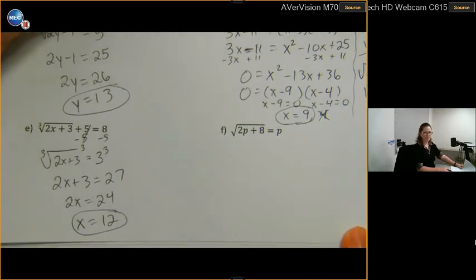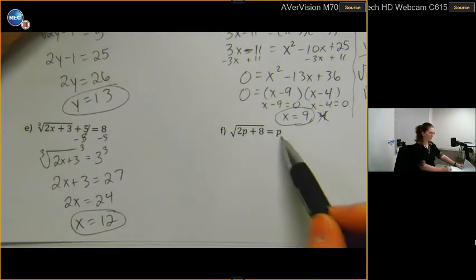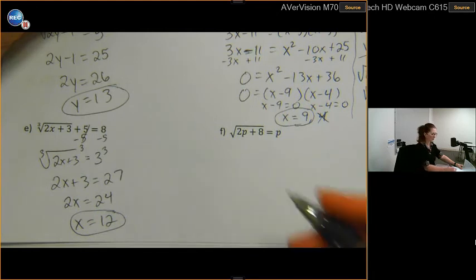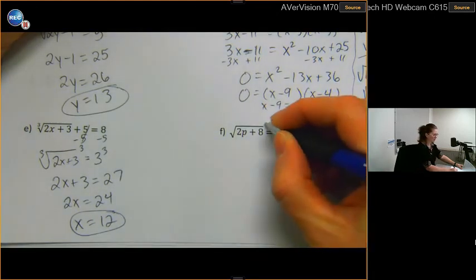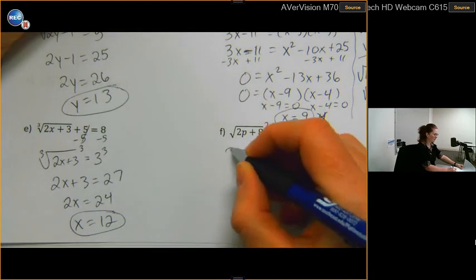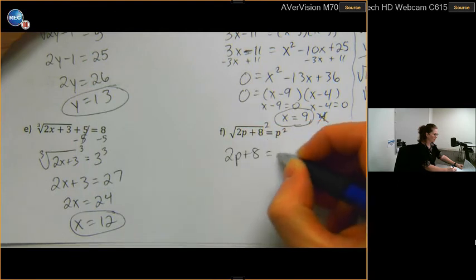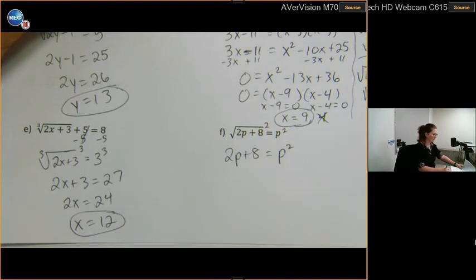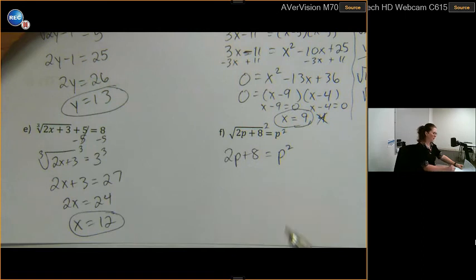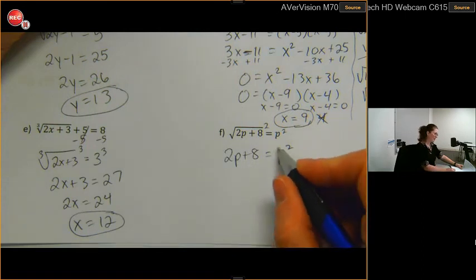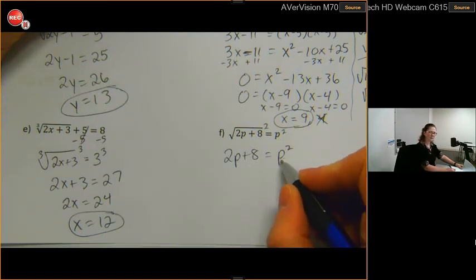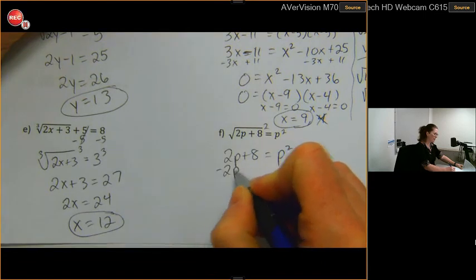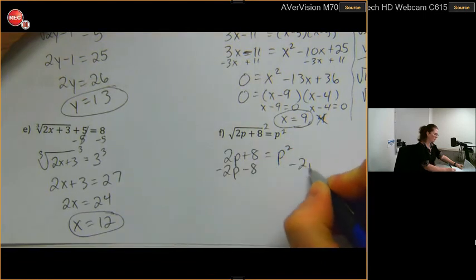And then part F, another one where we have the variable over on the right-hand side as well. This is a square root, so I'm going to square both sides. Since I have a p squared, something to the second power, I'm going to solve by factoring. So I need to make it equal 0. I like my leading term to be positive, so I'm going to leave that where it is. I'm going to subtract the 2p and the 8.